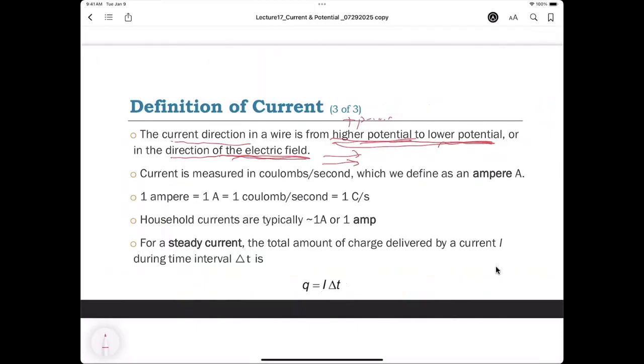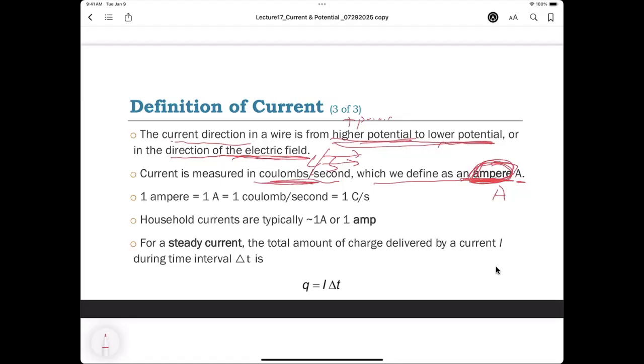Current is measured in coulombs per second, which we define as an ampere, shortened to A. This is a scientist's name; the scientist found the current, so we use his name as the unit for current.